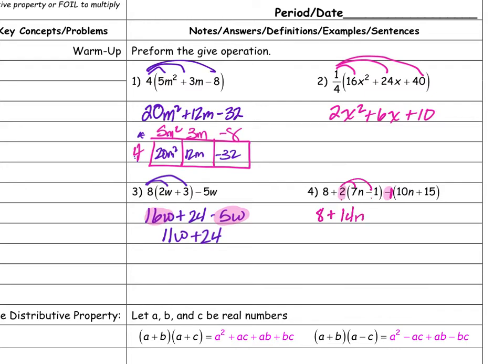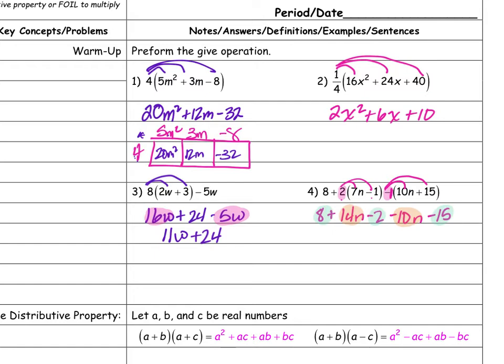And 2 times negative 1 is negative 2. And negative 1 times 10n is negative 10n. And negative 1 times 15 is negative 15. And then my like terms are 14n and negative 10n, and 8 and negative 2 and negative 15.